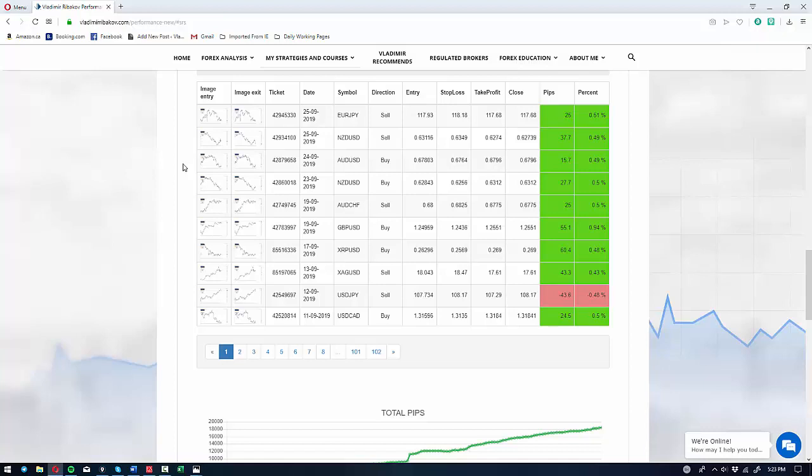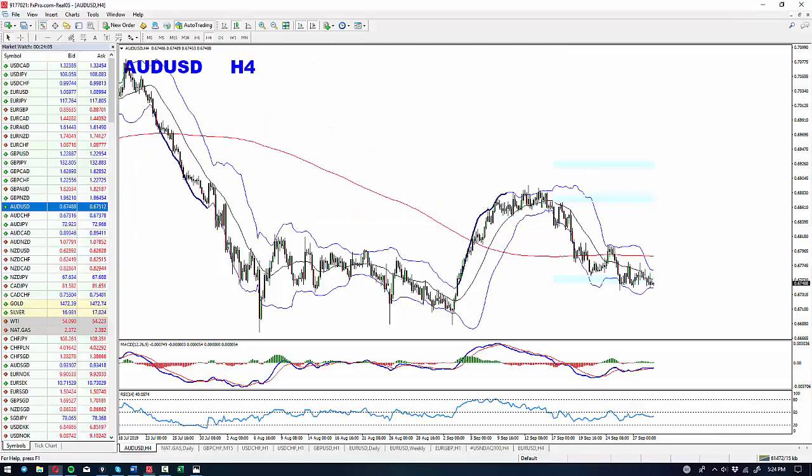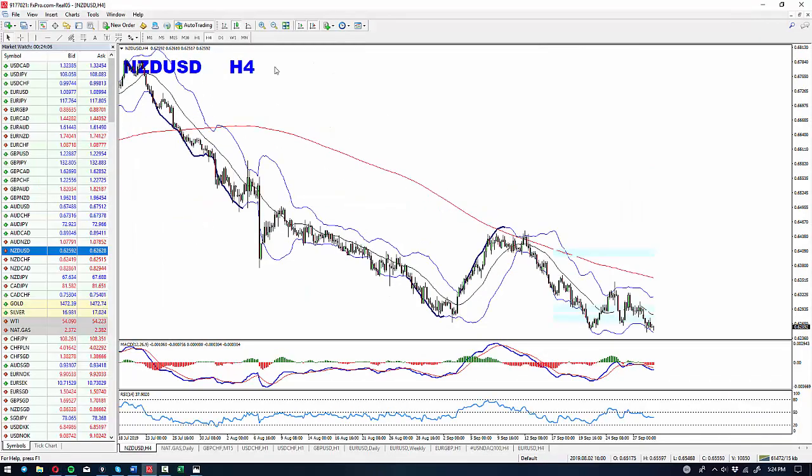So the first one was the New Zealand dollar to the buy. What was on this pair, and this is where I would like to explain the logic here. This pair was creating a new low by the movement of 2 waves to the downside.